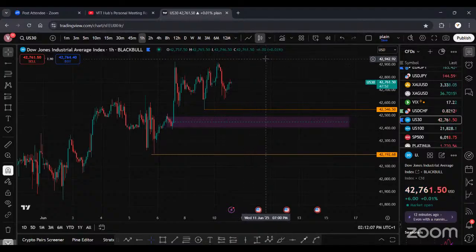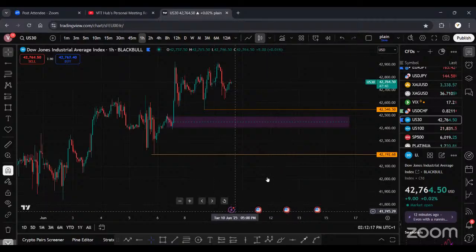So this is what I anticipated for today. And that's why I said earlier in the morning that I'm not going to look for intraday trades today, right? I'll be keeping my hands off anything intraday, just watching how the market is going to play out, right? I have other setups that I'm looking at currently, which are not this.